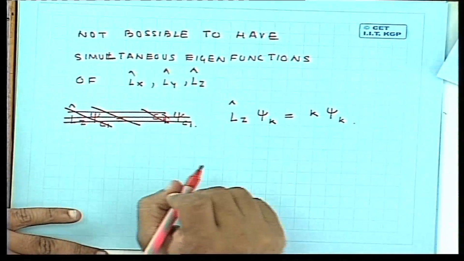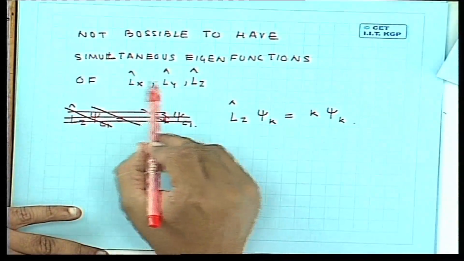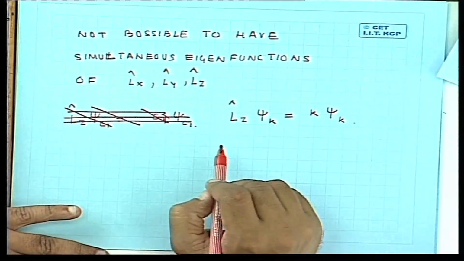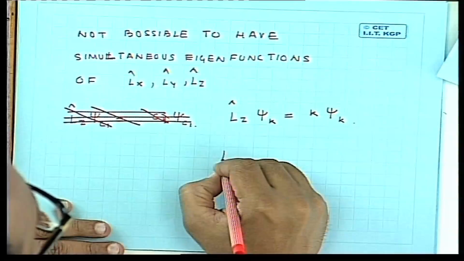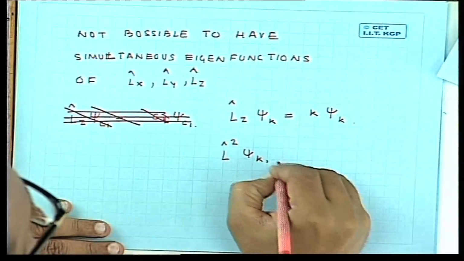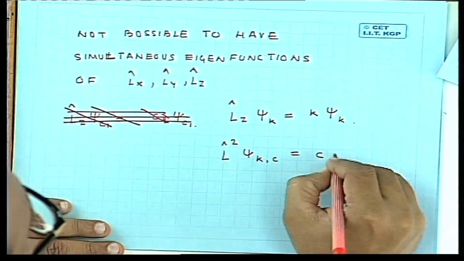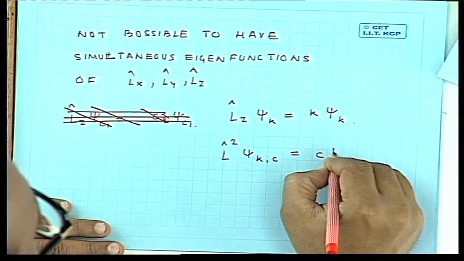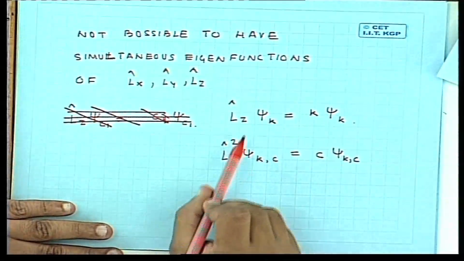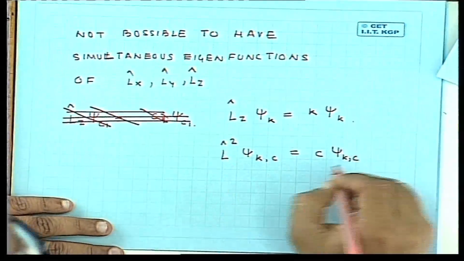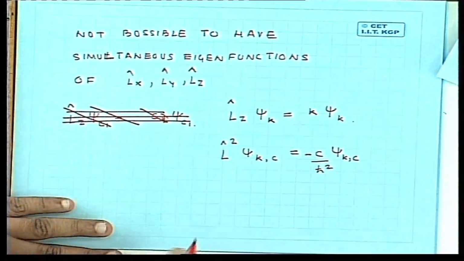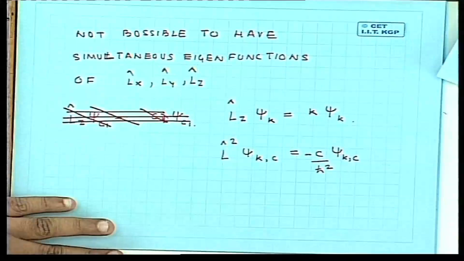L squared commutes with all three of them. So this psi k will also be an eigenfunction of L squared, and it will give us some number. Let us say this number is C. Okay, I can have simultaneous eigenfunctions of Lz and L squared.